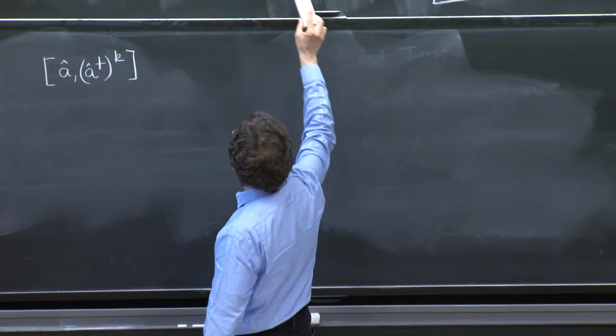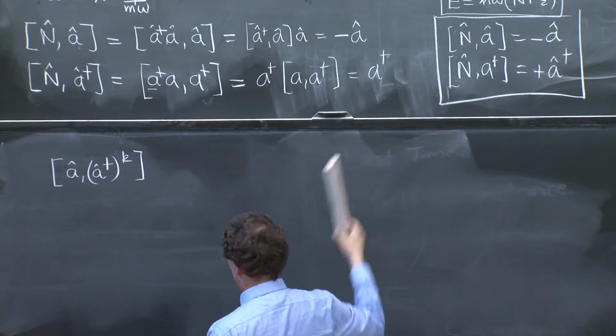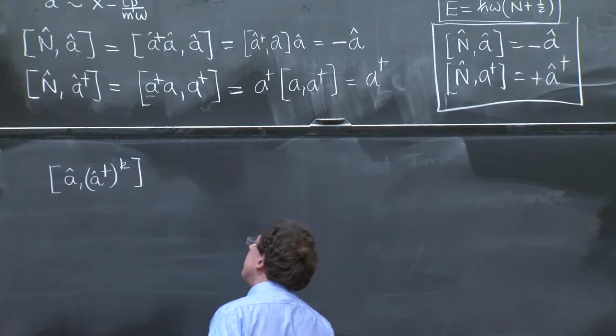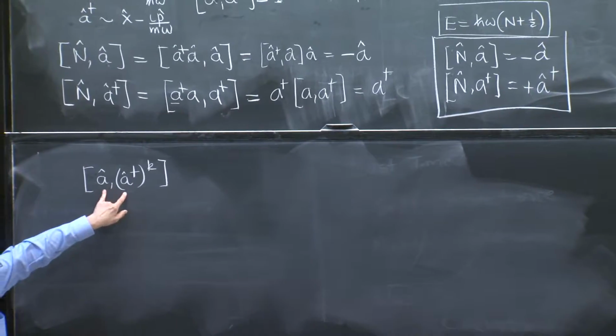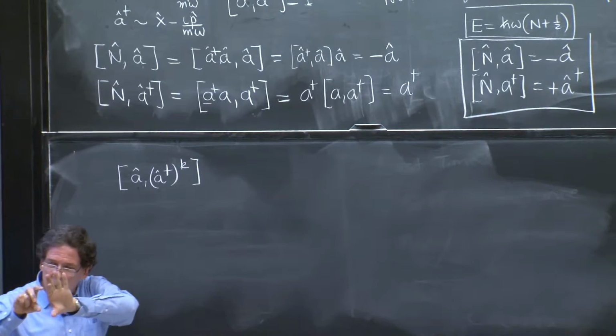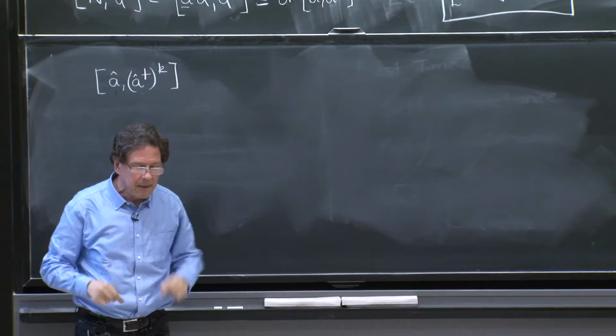If this was a little quick, then go more slowly and make absolutely sure you know how to do those commutators. Here's what happens. You have an A, and you have to move it across a string of A daggers.